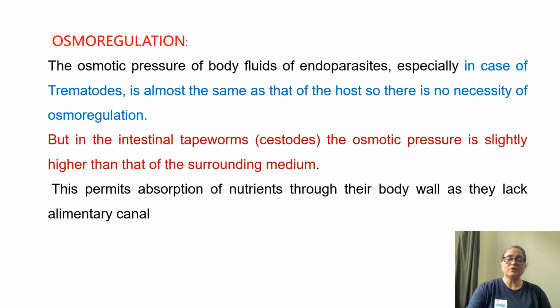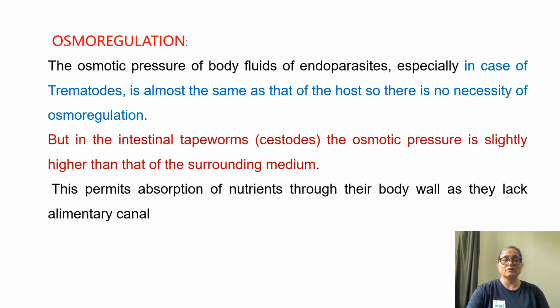Now we're coming to osmoregulation, how they face the pressure of our internal bodies. The osmotic pressure of the body fluids of parasites, especially in the case of trematodes, is usually the same as in our body. So there is no change. They are not harmed by the osmotic pressures.